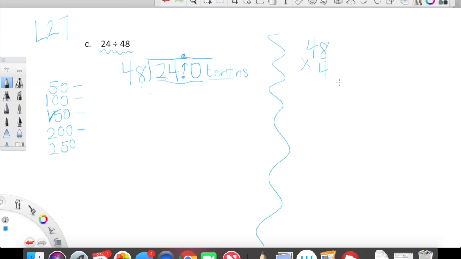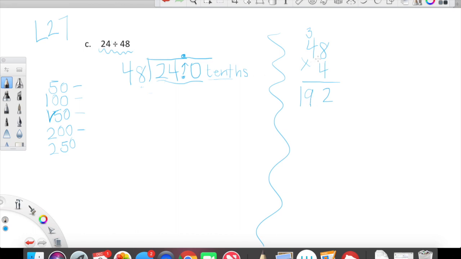So let's go ahead and divide this side of our page with a line of learning, and let's work through 48 times 4, which 4 times 8 is 32. And then we have 4 times 4 is 16, plus 3 is 19. So I feel like that's going to work for us.